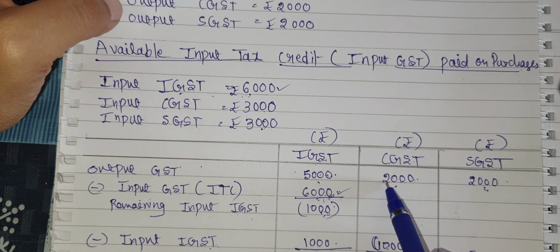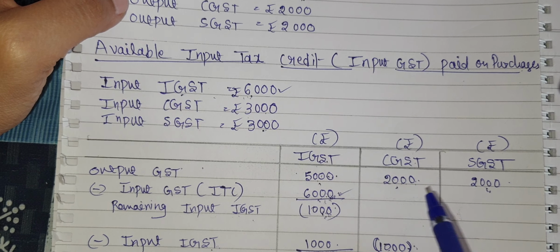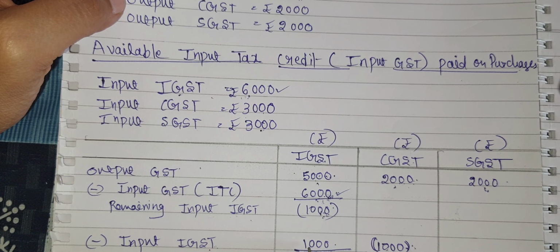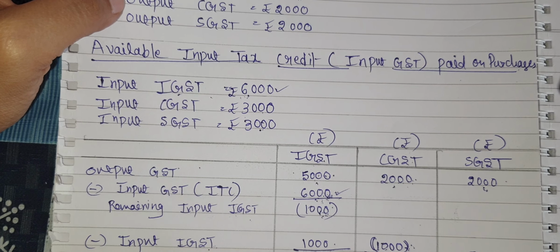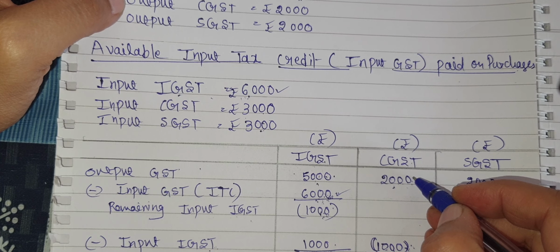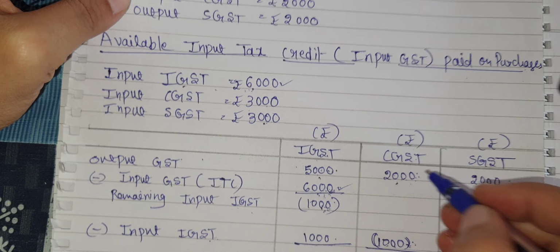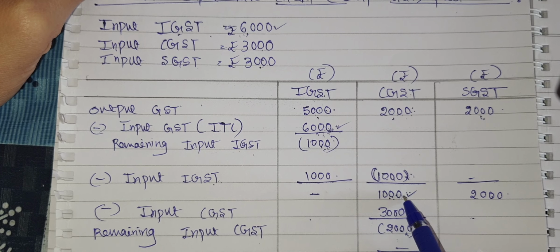Now see the output CGST, that is rupees 2,000. Here we can utilize this remaining input IGST of rupees 1,000. So the net payment of CGST to the government is rupees 1,000.